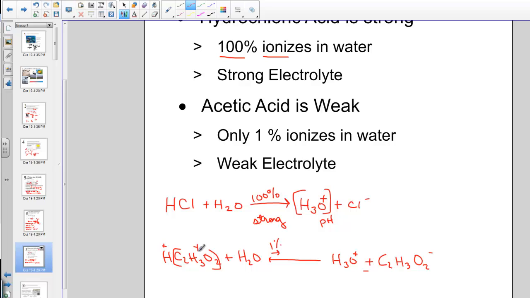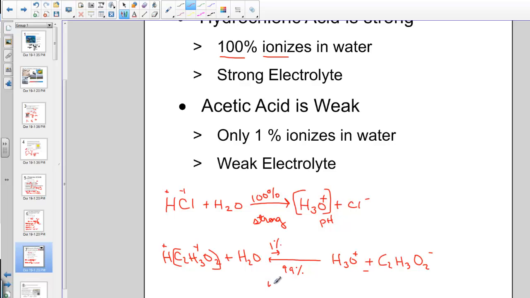It carries a -1 charge, so they are indeed electrically balanced. Same up here, hydrogen is a +1, chloride is a -1, so it's electrically balanced, HCl. That means at any one particular moment, 99% of this molecule is in the molecular form. So this is what we refer to as a weak electrolyte.